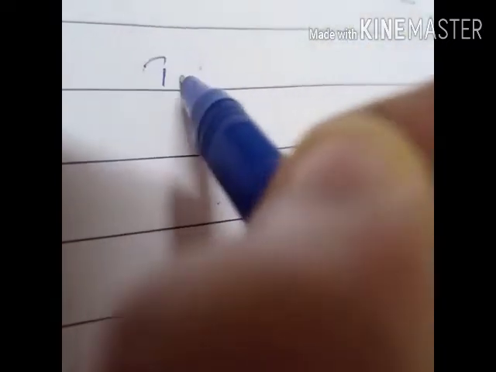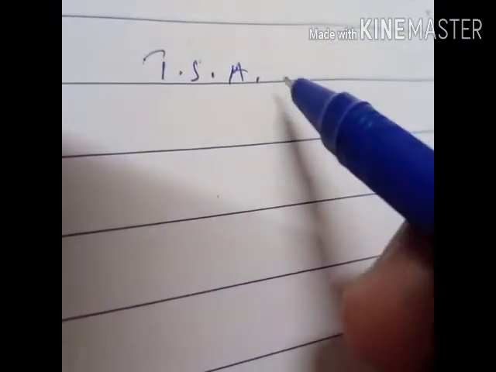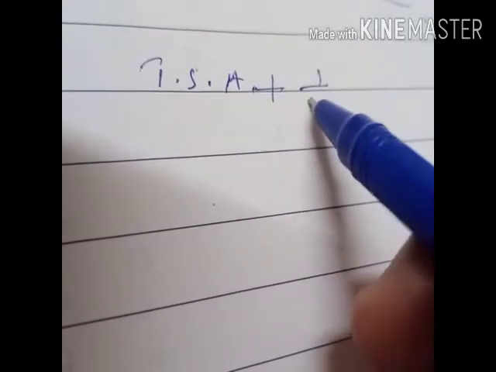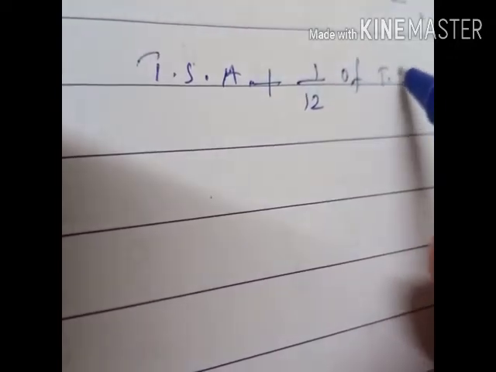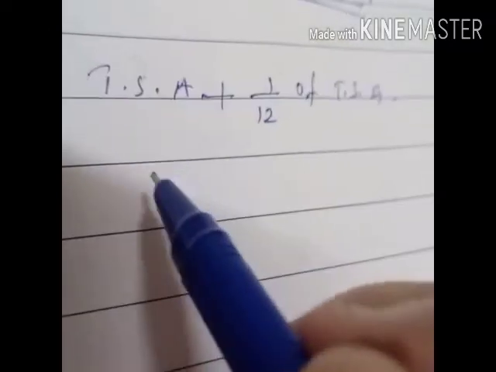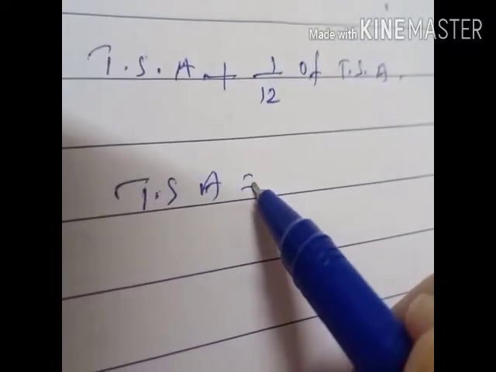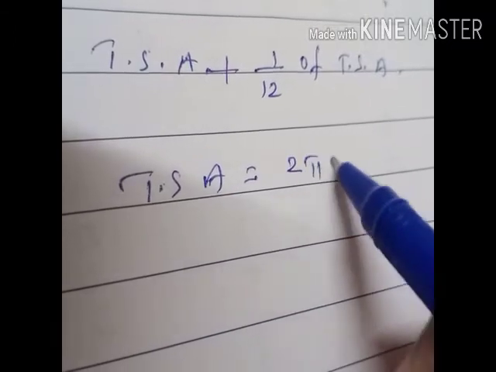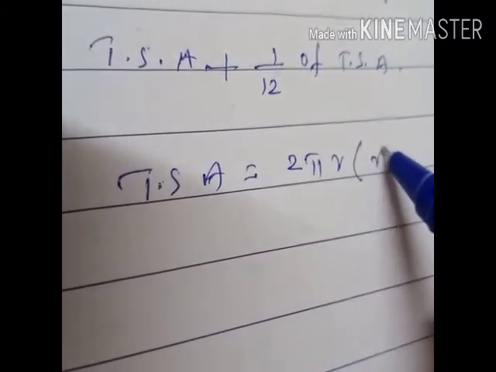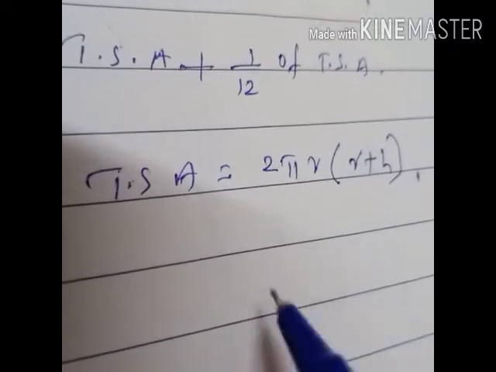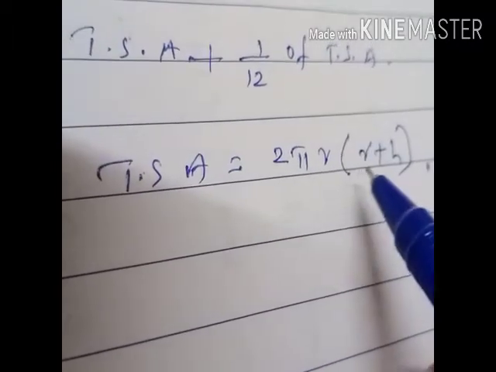For the second sub question, we have to find the TSA first. Actually, we should find TSA plus 1/12 of TSA. So first we should find the TSA. What is the equation for the TSA of the cylinder? 2 pi r into r plus h, or 2 pi r into h plus r.